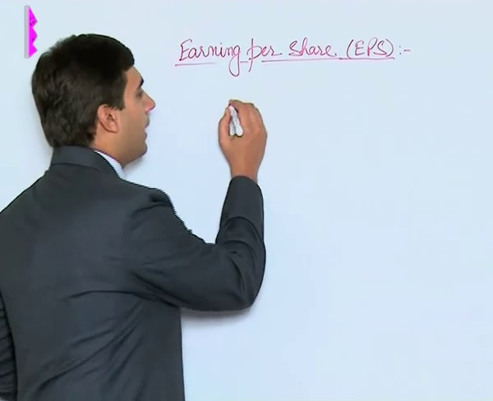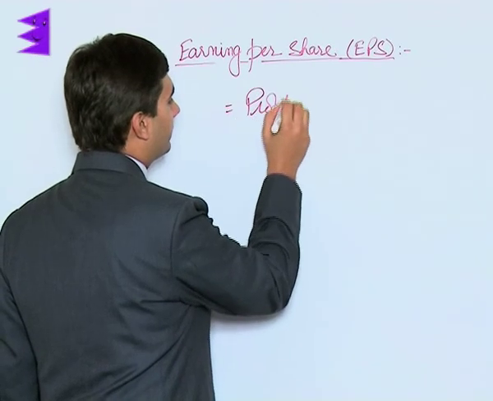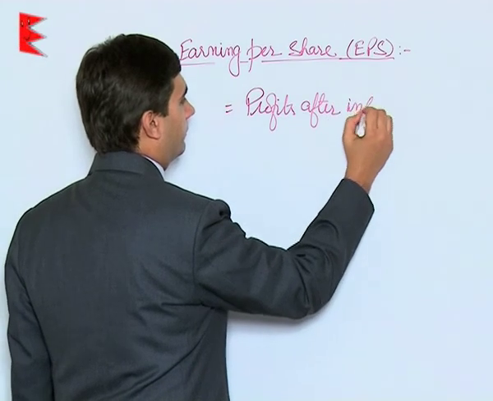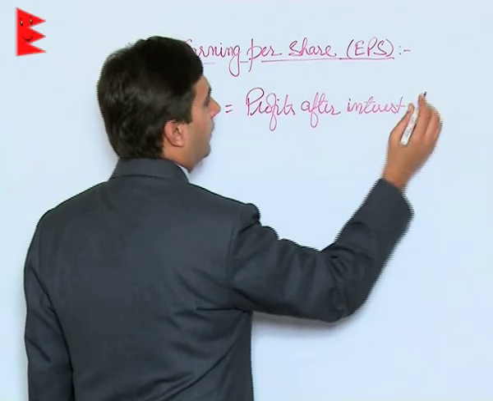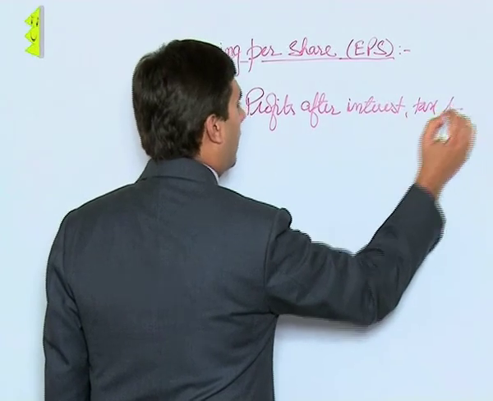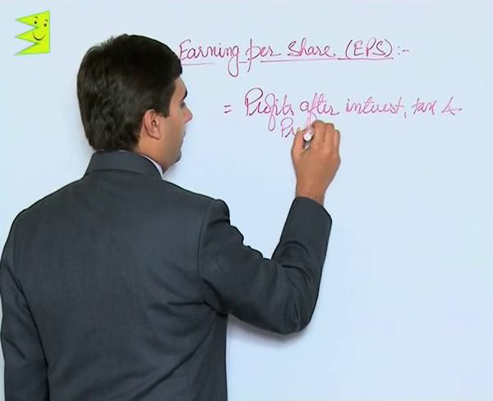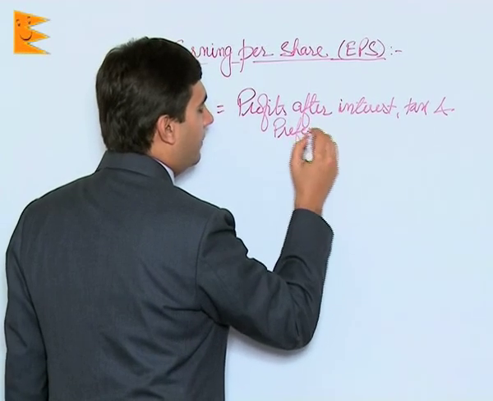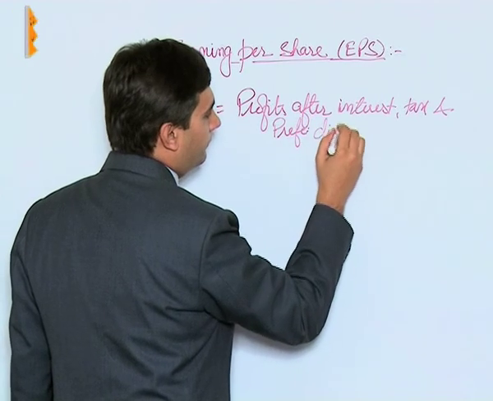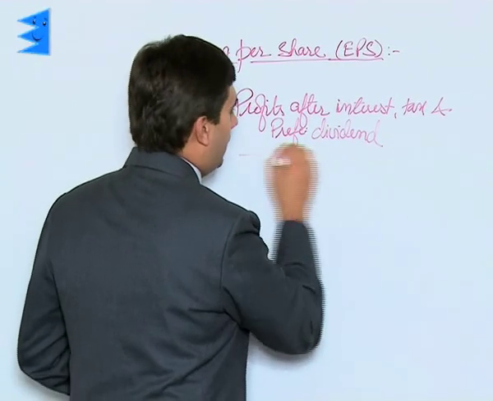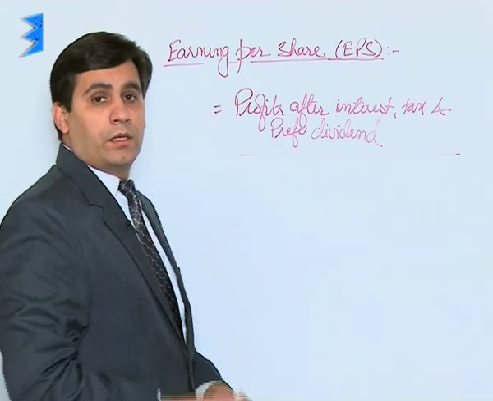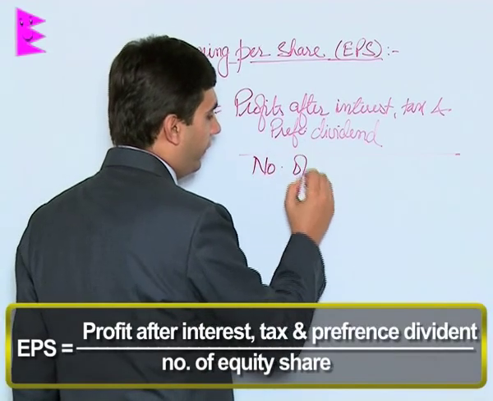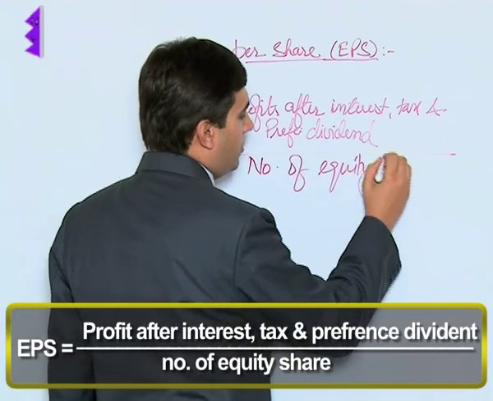It can be calculated as profits after interest, tax and preference dividend divided by number of equity shares.